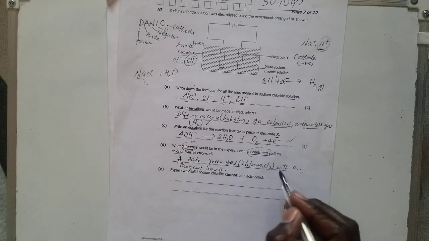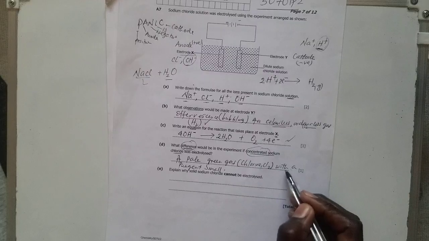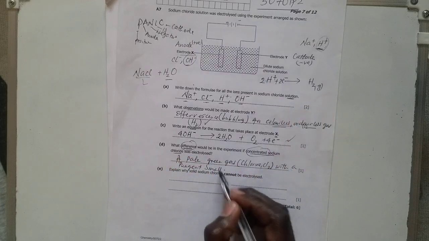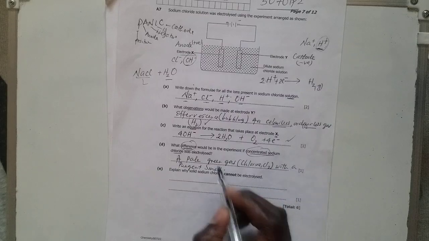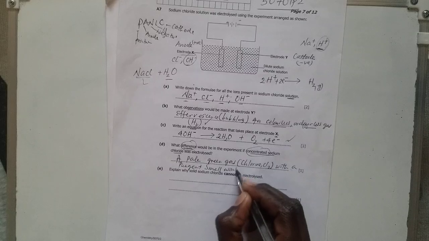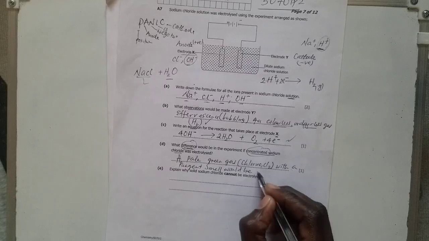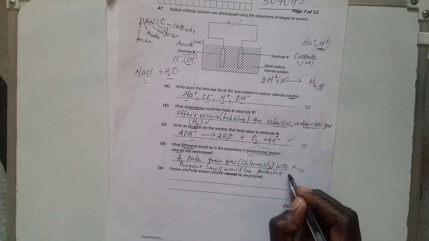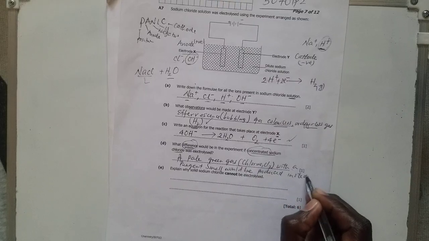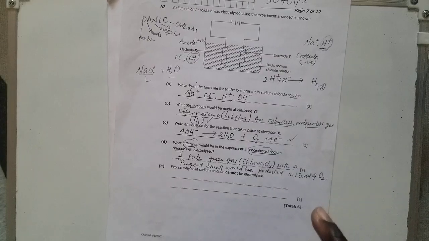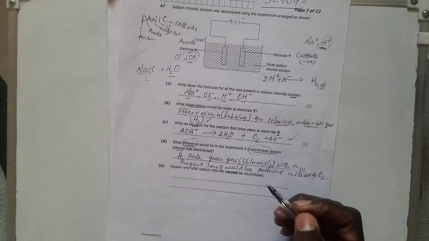A pale green chlorine gas with a pungent smell would be produced instead of oxygen, because the chloride is highly concentrated.